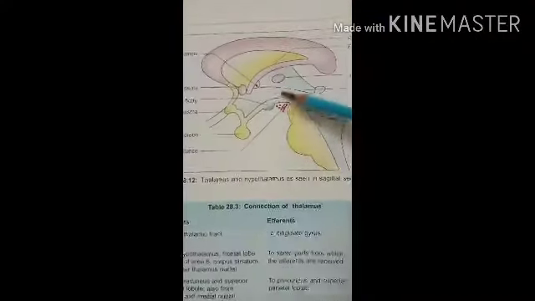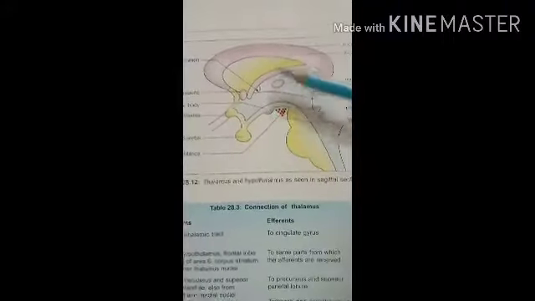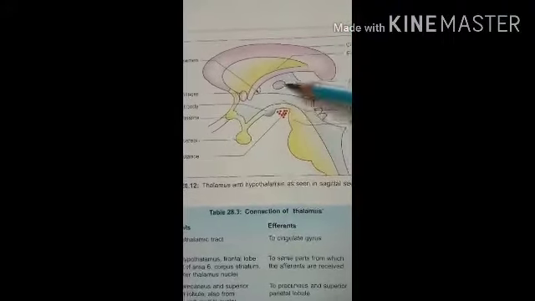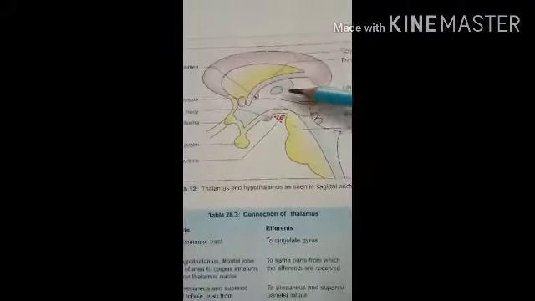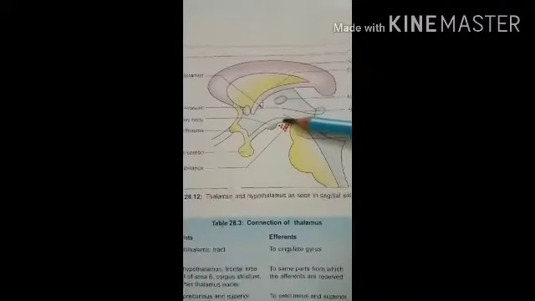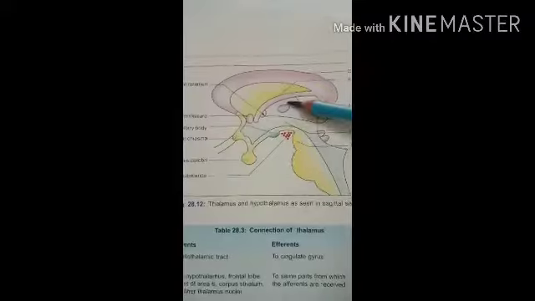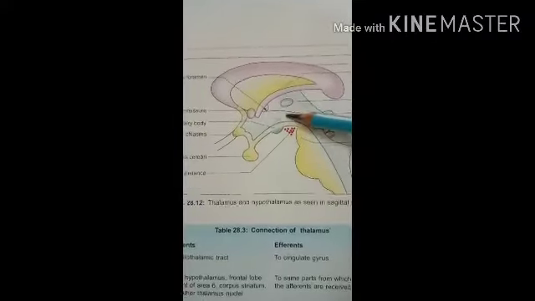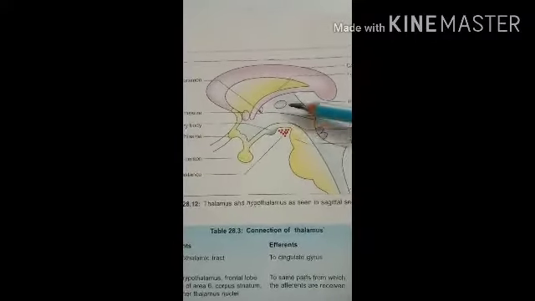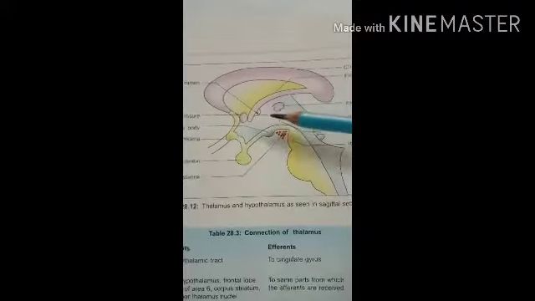Then the clinical applications related to the third ventricle. First is the obstruction of the third ventricle. The third ventricle, being a narrow slit-like space, is easily obstructed by a local brain tumor or congenital defect.